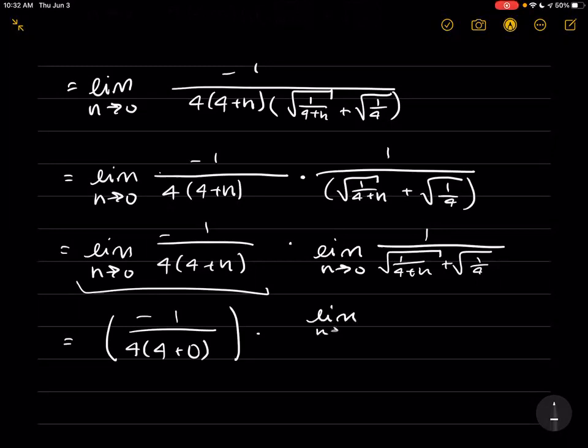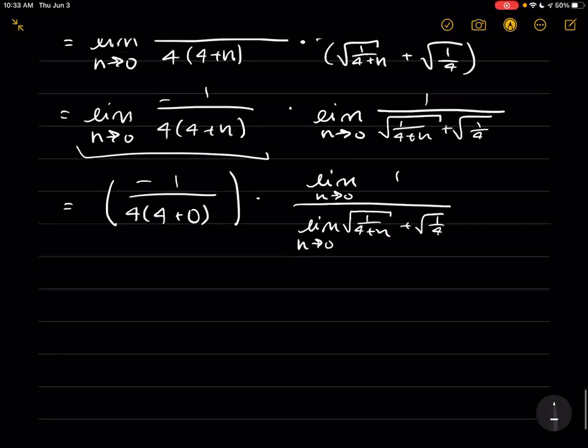So this is the limit as h goes to 0, 1 over the limit as h goes to 0 of the square root of 1 over 4 plus h plus the square root of 1/4. Okay, and now this thing that we evaluated before becomes -1 over 4 times 4, so that's -1 over 16 times, okay, the limit as h goes to 0, just 1. That's one of our special limits.